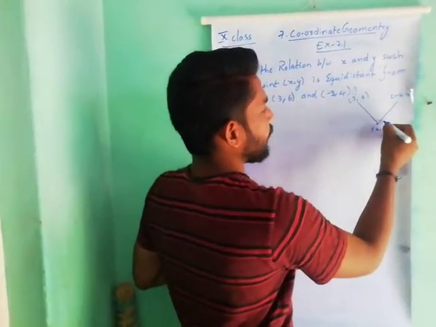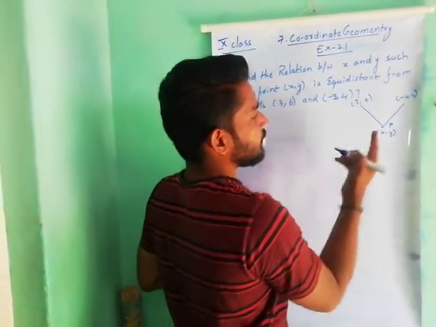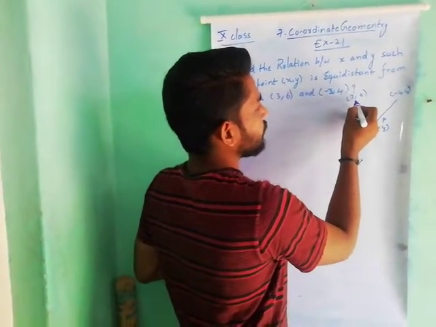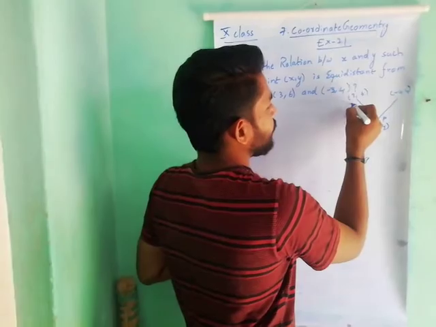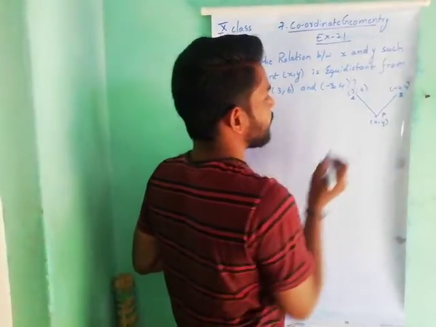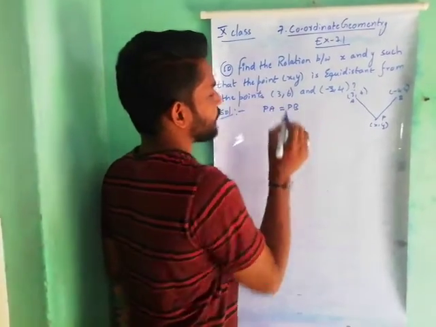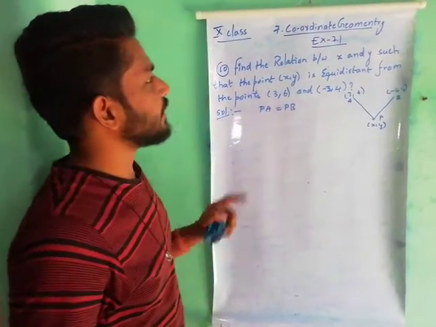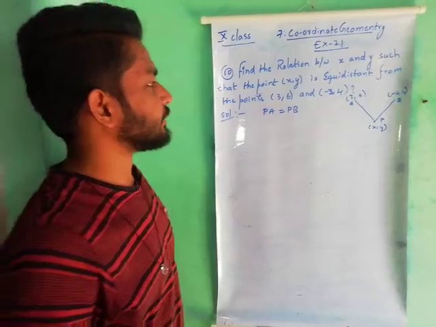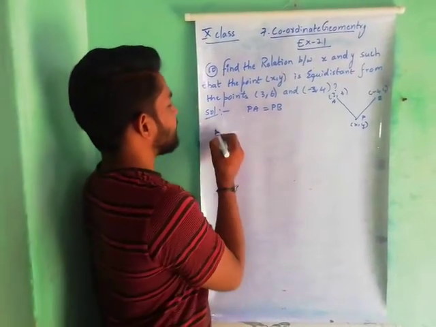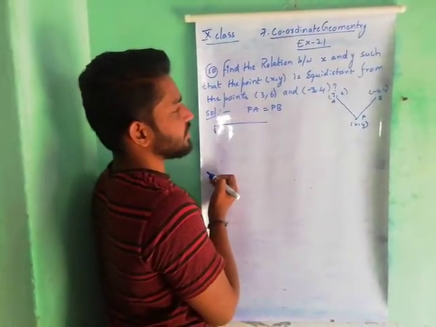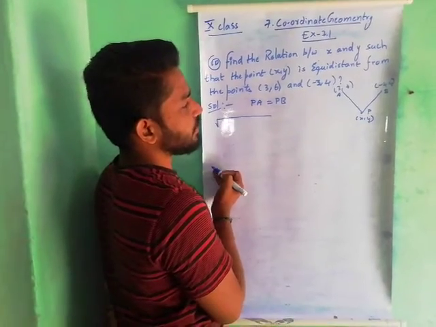For example, the point is denoted by P. Here the point is A, the point is B. Given condition, PA is equal to PB. By using this condition, we have to find out the relation between X and Y. So again the distance formula, X coordinate difference whole square plus Y coordinate difference whole square.